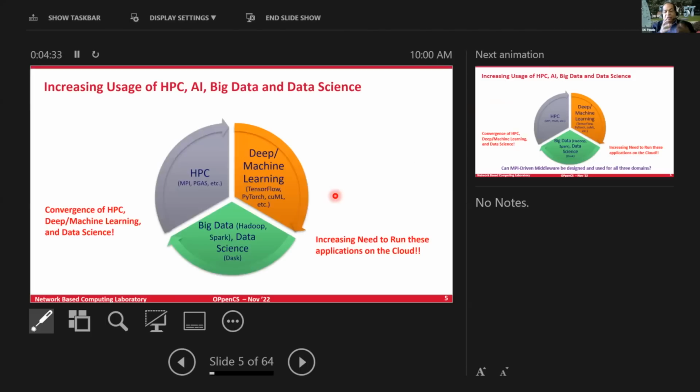Now, while we take a look at the technology, let's take a look at the workload. I talked about HPC earlier, but as you know, these days, in any particular workflow, people want to use different kinds of computation. Sometimes you may try to do HPC, some other time you might try to do deep learning, machine learning, or even big data like Spark or Dask.